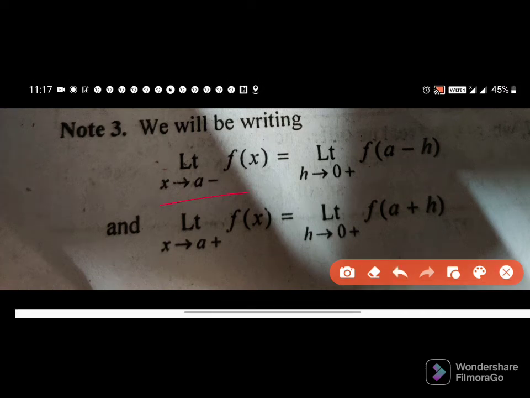Now for the left limit, f of a minus h, and h tends to 0. And for the right limit, that is for limit x tends to a positive, we put x is a plus h because there is a positive sign, so x is replaced by a plus h, and for a negative sign x is replaced by a minus h.